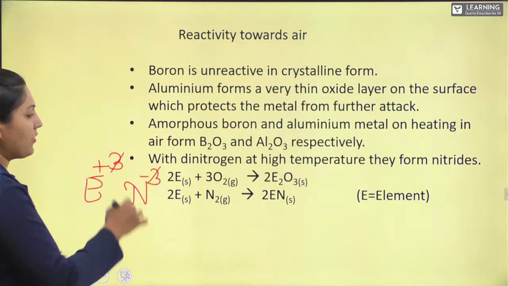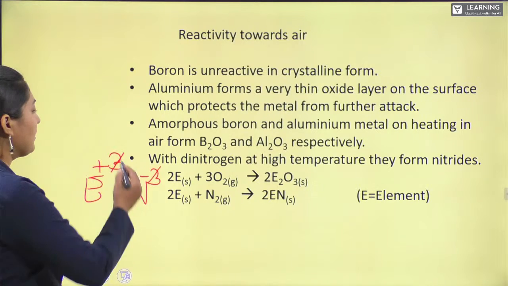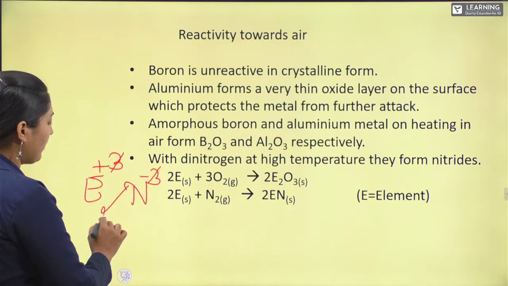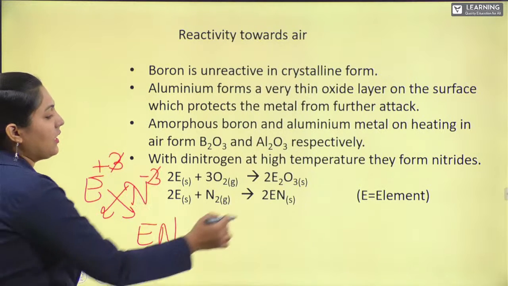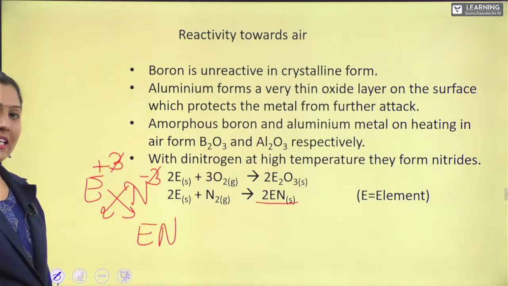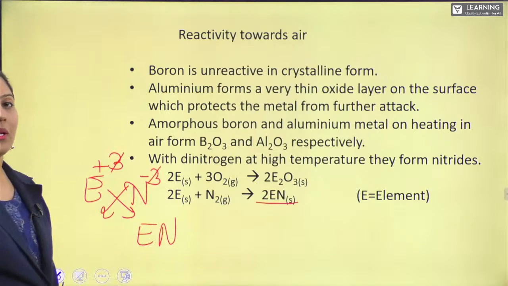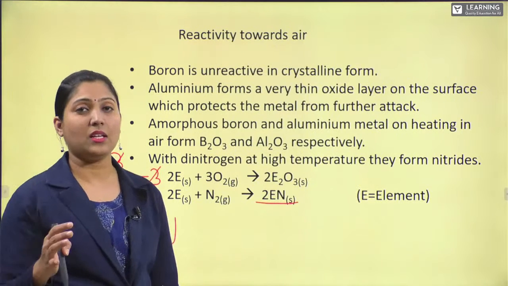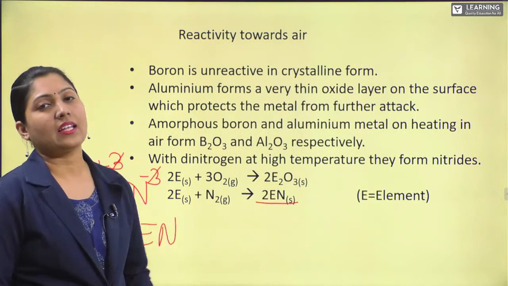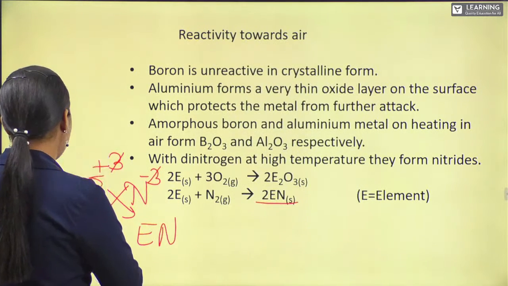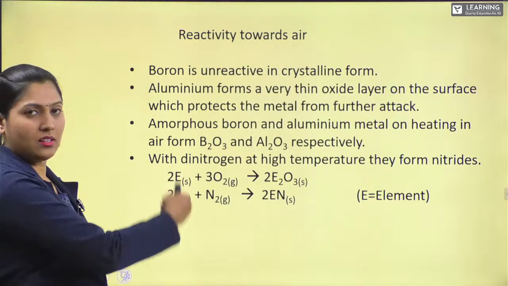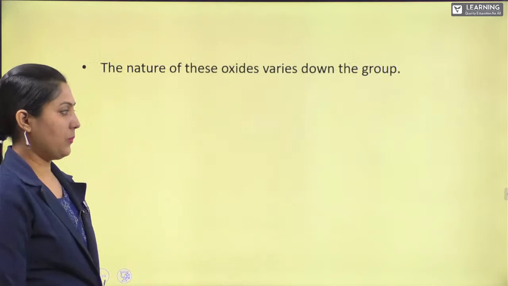So as we take its standard form, when we crisscross, one on each, we get EN. Hence the element E of group 13 reacts with nitrogen at higher temperatures to form EN, that is aluminium nitride or boron nitride or any other nitrides of the same group.